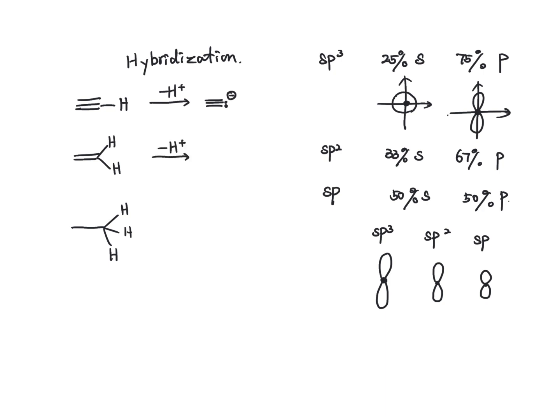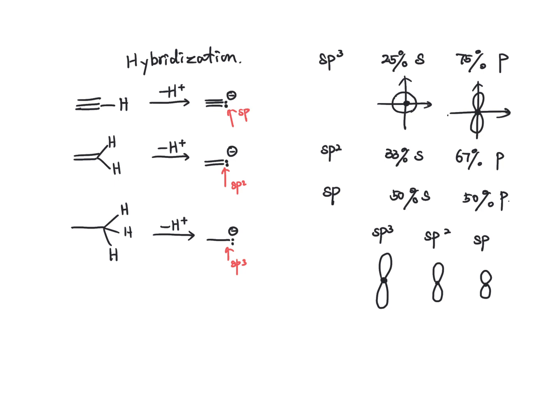If you deprotonate the alkene, this lone pair will sit on an sp2 carbon. If you deprotonate one of the protons on ethane, an alkane, that lone pair will sit on an sp3 carbon. So this is sp3 carbon, this is sp2 carbon, and this is sp carbon.